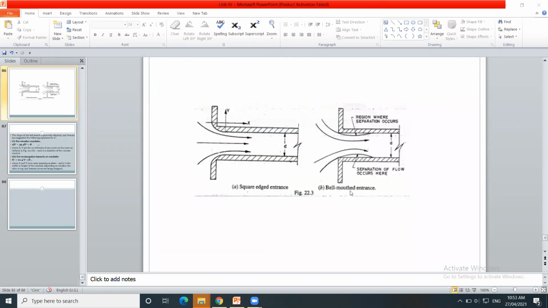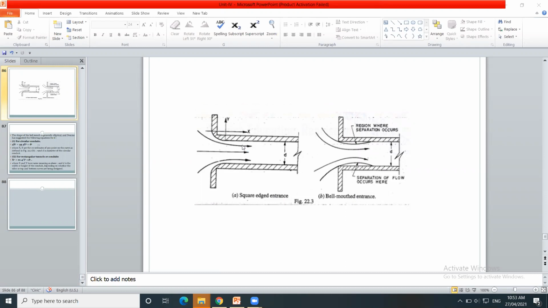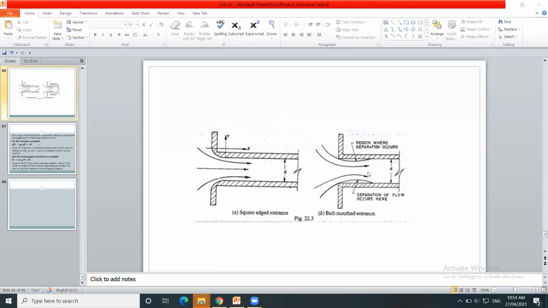This is a diagram of a bell mouth entrance. This is a square edge entrance. In a square edge entrance, there will be more cavitation. Cavitation will be more, but in a bell mouth entrance, cavitation is less. See this, the region where separation of the flow occurs.